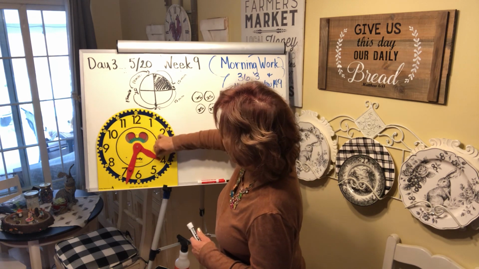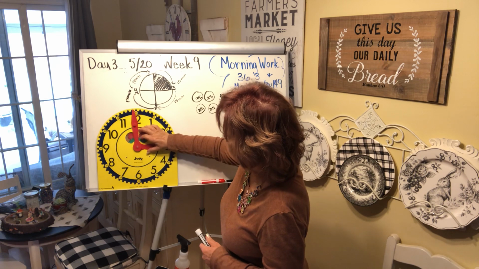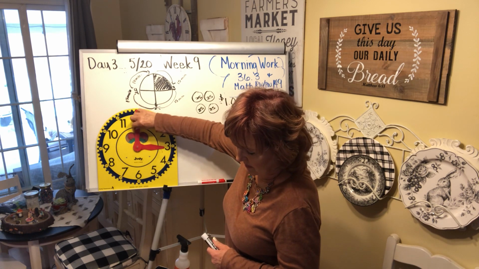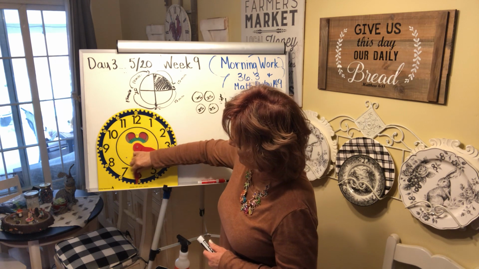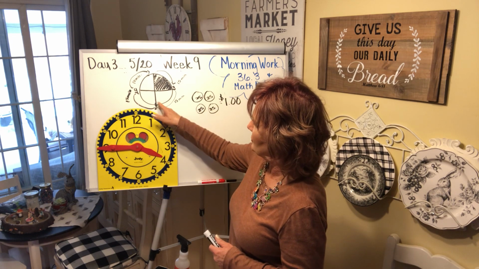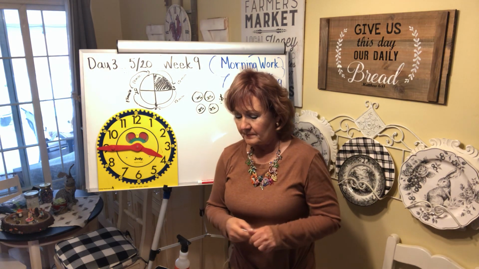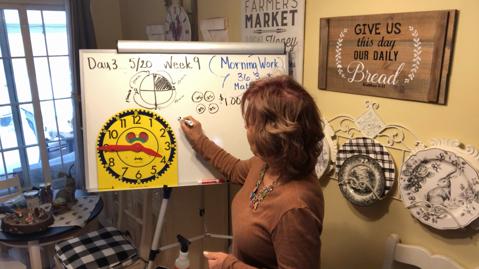It started out at 3 o'clock, because it's not past the 4 yet. So you notice that it went 15, 30, 3/4 of the way around, right? So the hour still belongs to the 3.